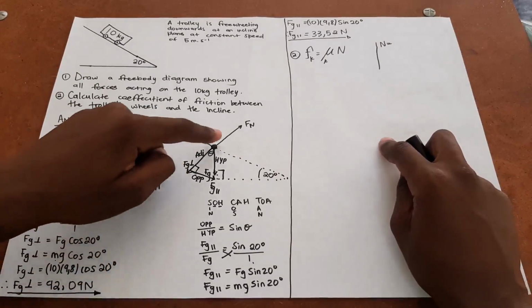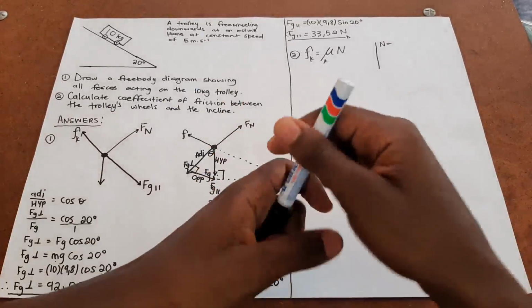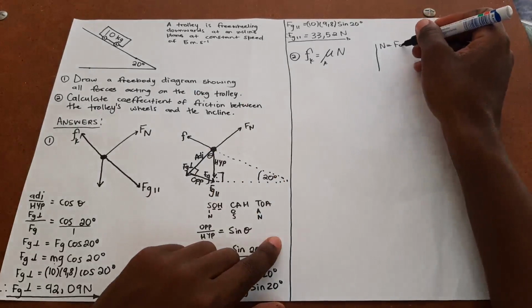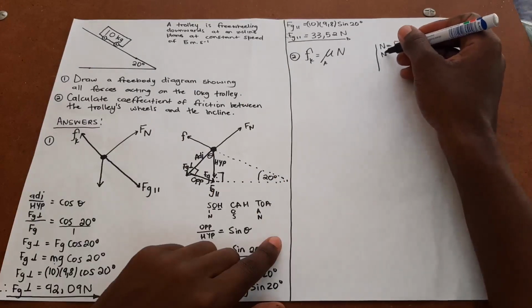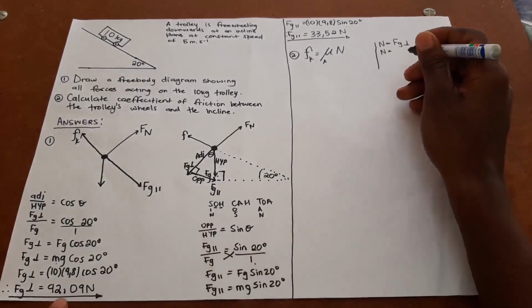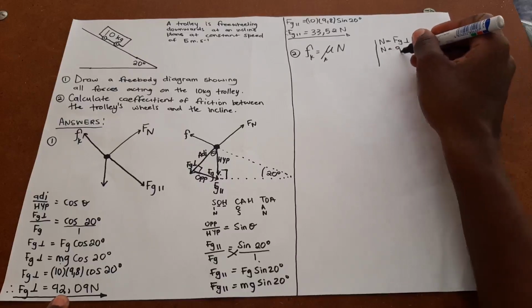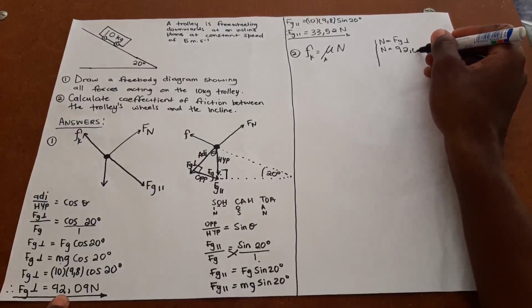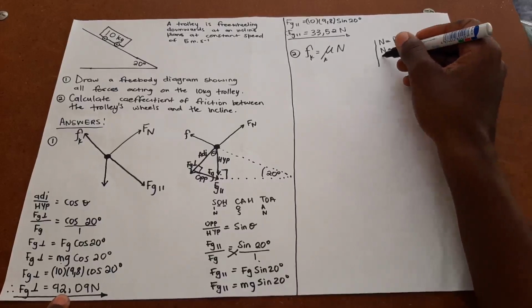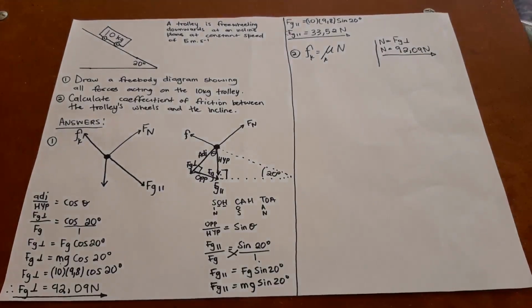It's going to be equal to the perpendicular component, F_g perpendicular, which is 92.09 newtons. So our normal force is equal to 92.09 newtons. I hope you're with me, guys.